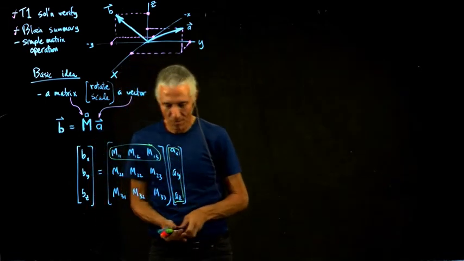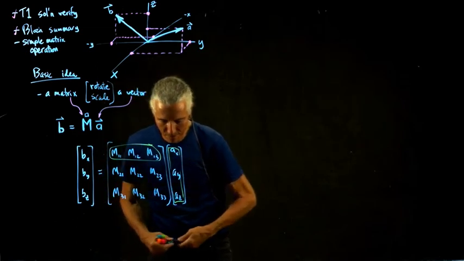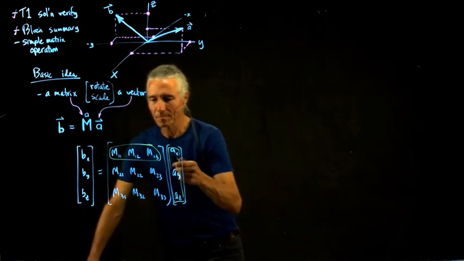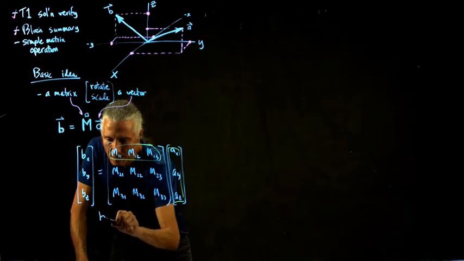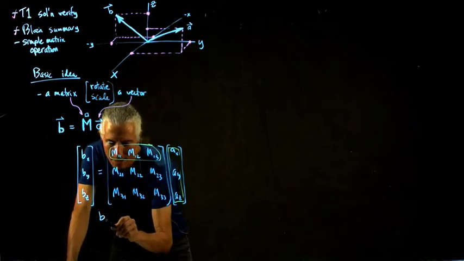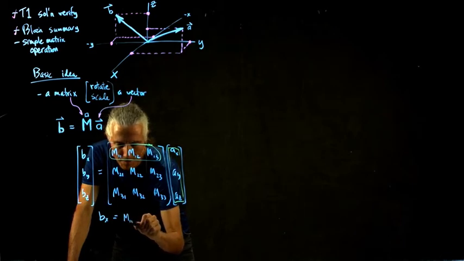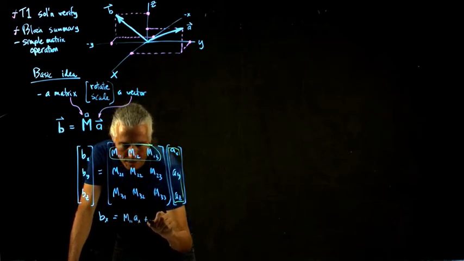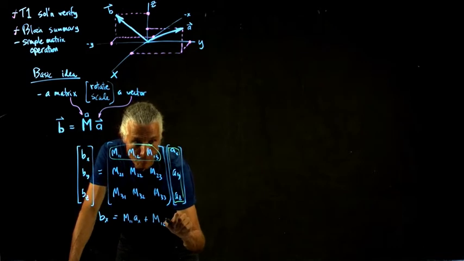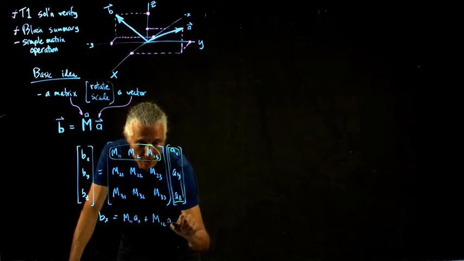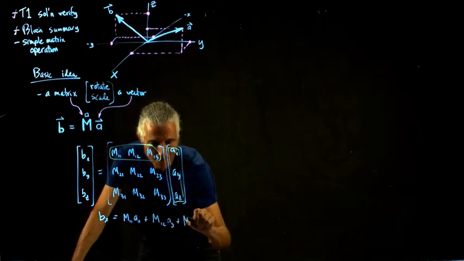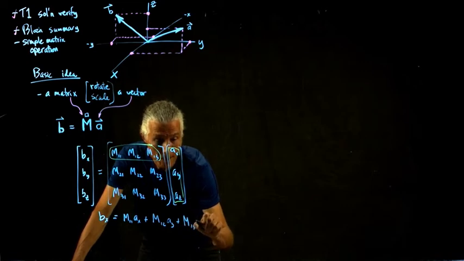So let's just painfully write out just a couple of them. So bx is going to equal m11 times ax plus m12 times ay plus m13 times az.